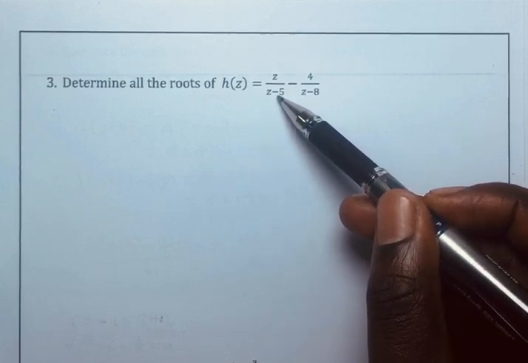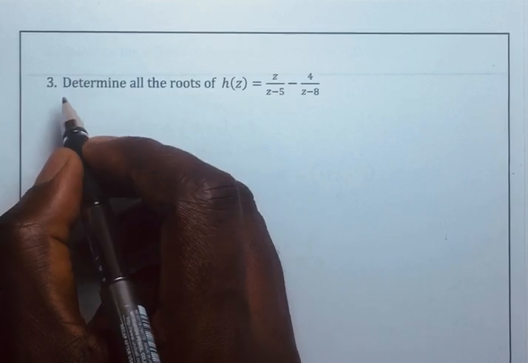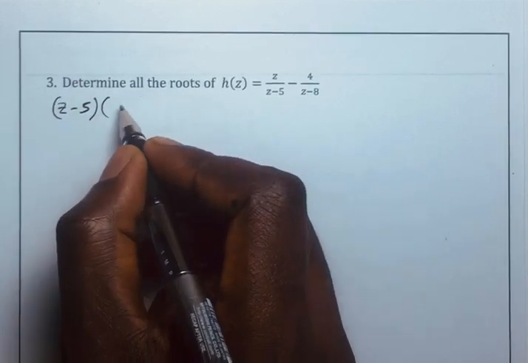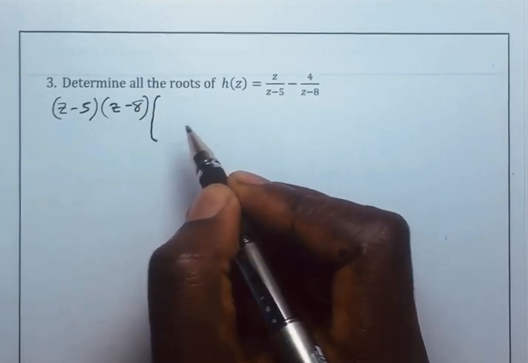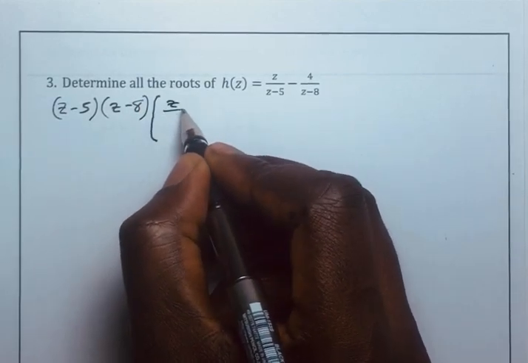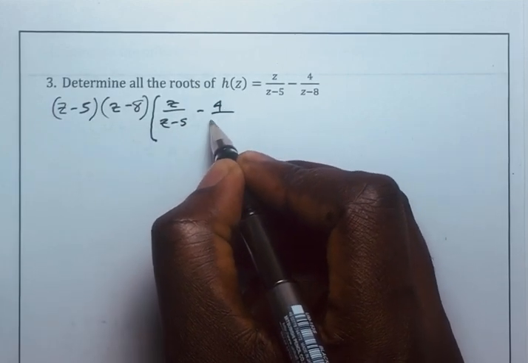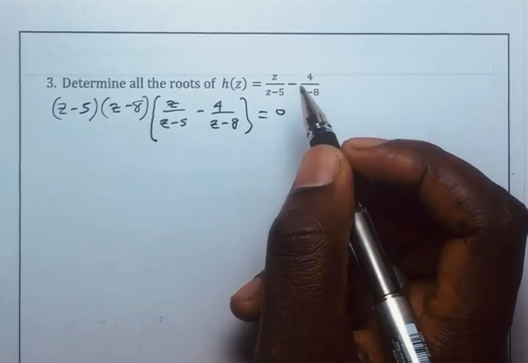The LCM is just the product of the denominators. So we're going to have (z - 5)(z - 8) multiplying the expression z/(z - 5) - 4/(z - 8), and that is equal to 0.